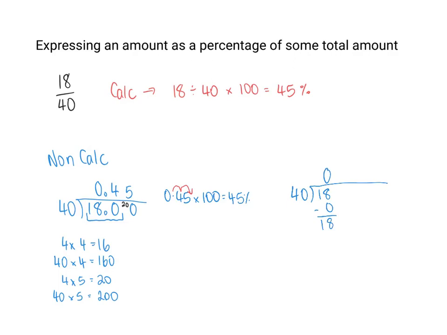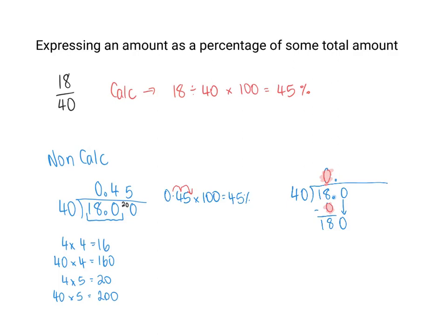So just to make it a bit more clear, whatever this value is becomes what you subtract. And we recognize that we need to keep going, so we add a decimal there, a 0, and we drop the 0. Now we ask ourselves, how many times does a 40 go into 180?